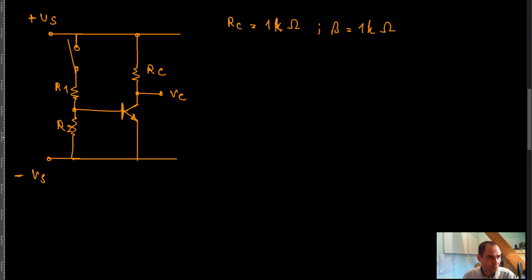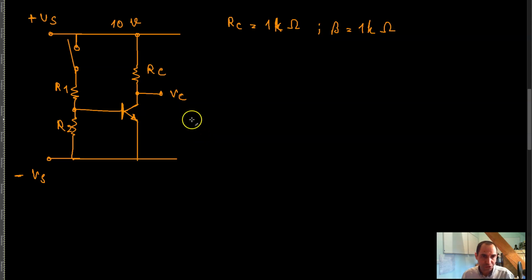So now we essentially want to turn this transistor on, right? So how do we do that? To turn this transistor on, V of S over here is 10 volts. This is a 10 volt supply voltage.